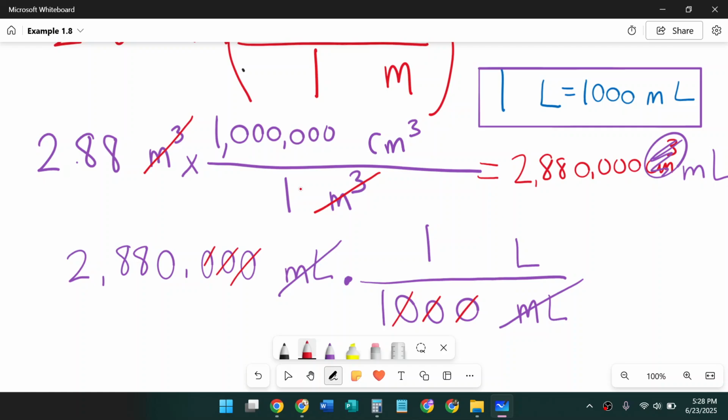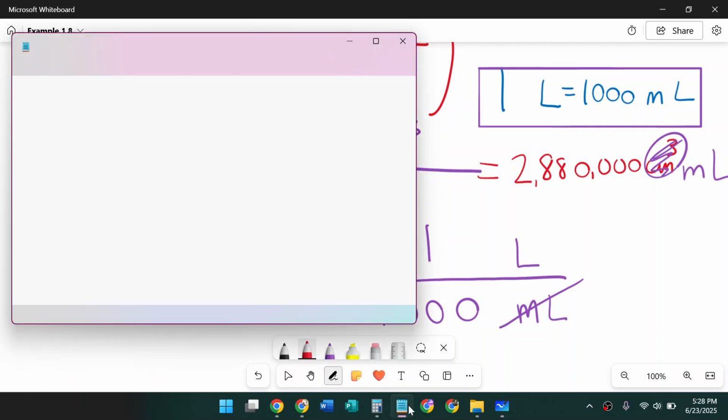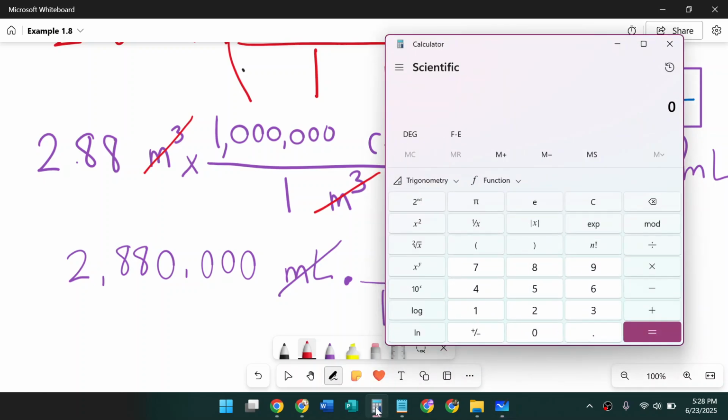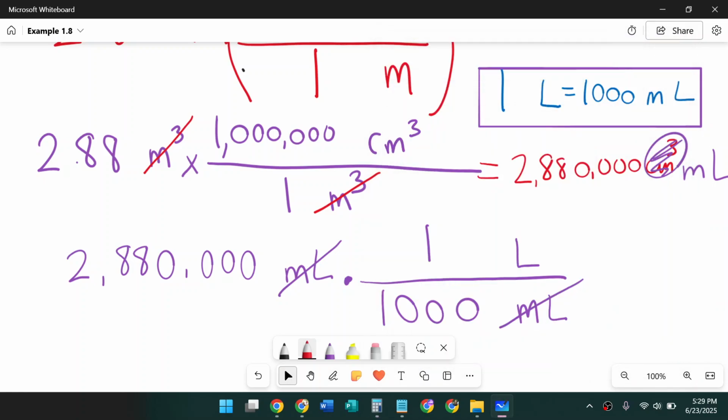But if that confuses you and you have no idea why I just marked those zeros out, you can start with your calculator and type in 2,880,000, and then you can divide it by the 1,000 that we had, and it will give you the correct answer.